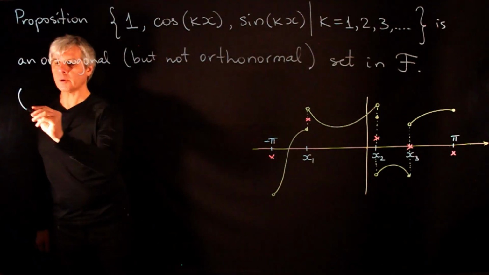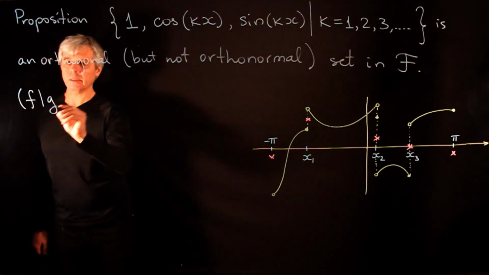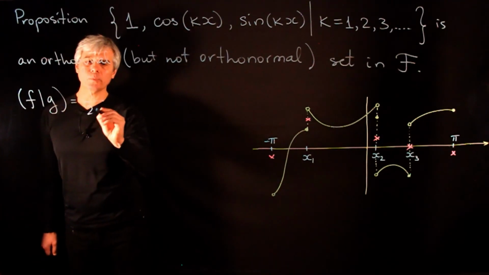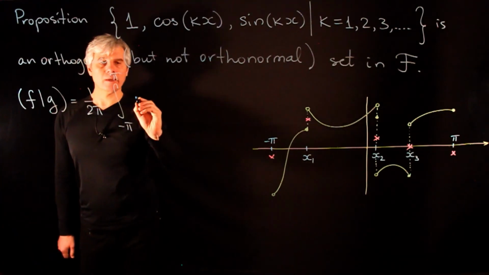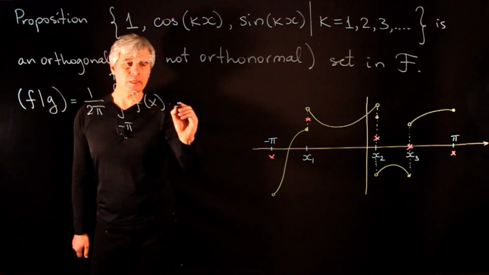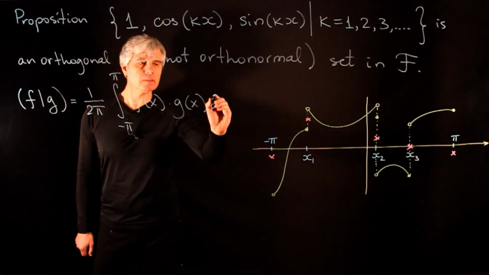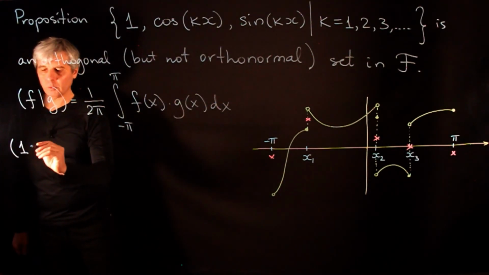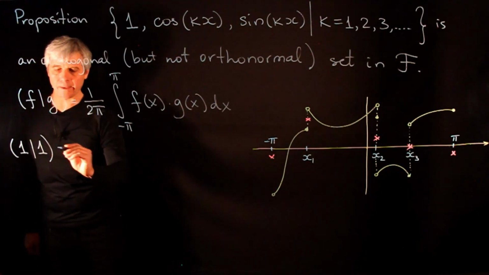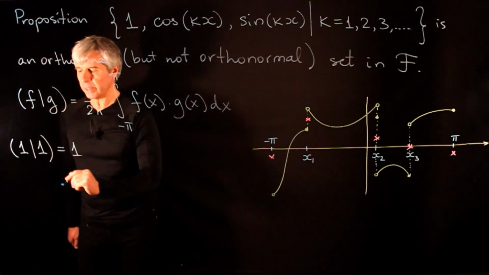I leave the verification of this proposition as an exercise. The bilinear form that we're using here is 1 over 2 pi integral from minus pi to pi of f of x times g of x dx. And for the constant function 1, the value of this form will be equal to 1.